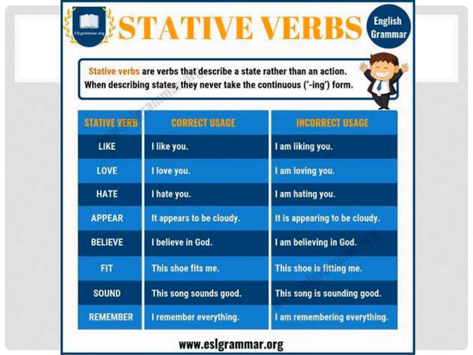See, when we use a stative verb, you never put ing on the verb. The second example, love. So I love you. No, I am loving you. The third one, hate. I hate you. Not I am hating you. So please remember, when you use stative verbs, never put ing on the verb.